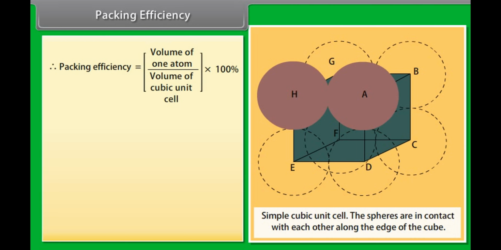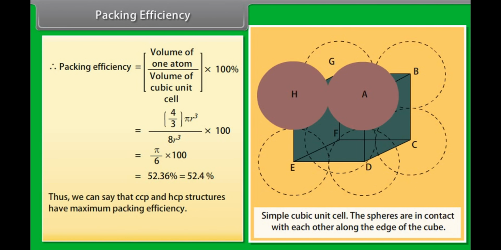Therefore, packing efficiency is equal to volume of one atom upon volume of cubic unit cell × 100%, which is equal to 4/3 πr³ upon 8r³ × 100, which is equal to π/6 × 100, which equals 52.36%, which is equal to 52.4%. Thus, we can say that CCP and HCP structures have maximum packing efficiency.